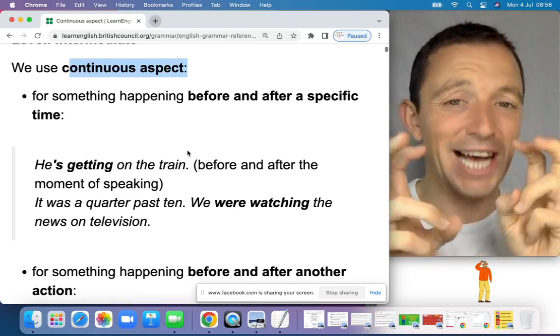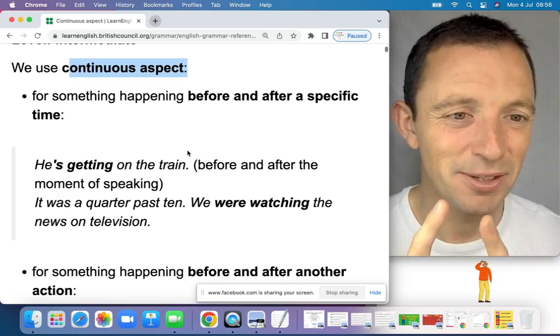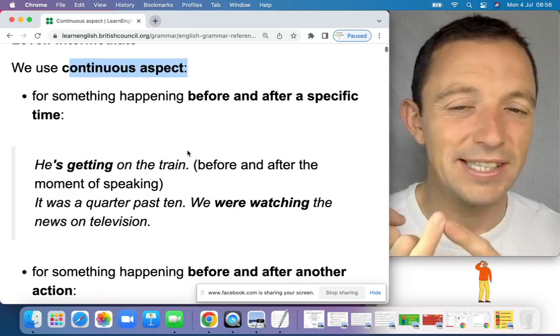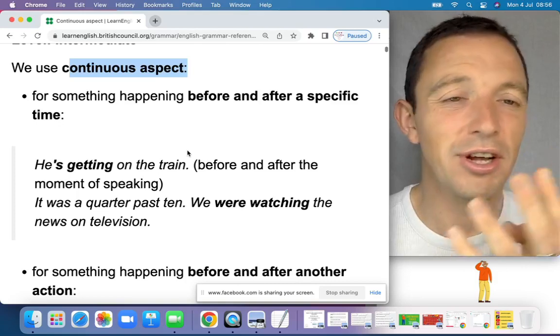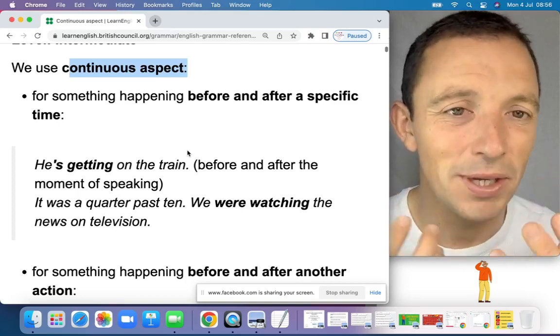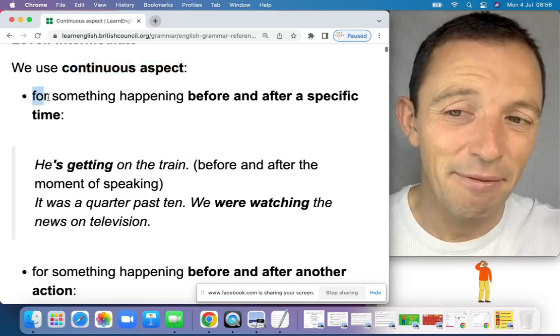So the continuous aspect is the same grammatically as the present continuous. Okay, and we can see 3 or 4 different moments, descriptions to use the present continuous. They are very, very similar.